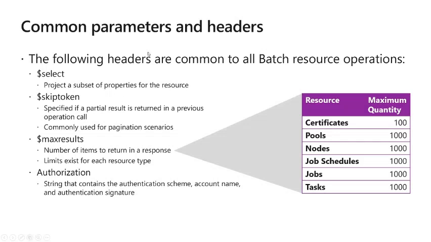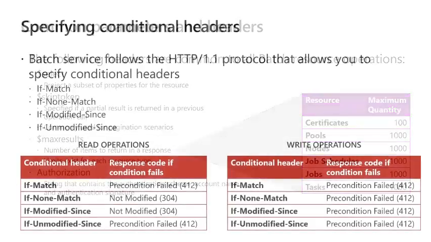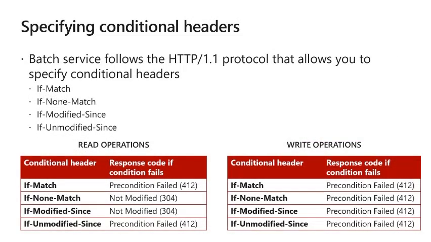Then you have common parameters and headers, with some limitations which you need to know, and what type of certificates you have, pools, nodes, job schedule, job and tasks. You really need to know these things, and this can change with newer versions, so you need to stay updated. The batch service follows the HTTP 1.1 protocol, which is since 2015, I guess.